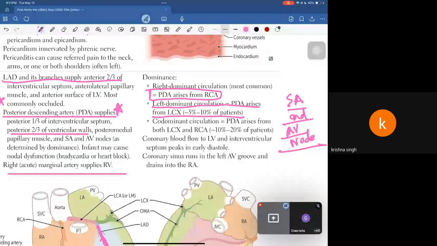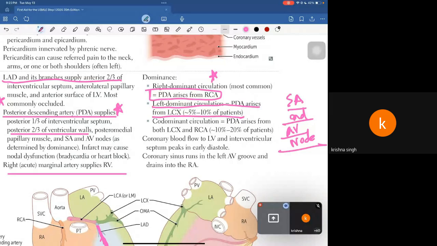Because when there is a problem in the right coronary artery, which supplies the posterior descending artery, the posterior descending artery supplies the AV node. In 70 or 80% of patients, this will happen. So when there is a problem with the right side of the heart, the patient would have bradycardia. Whereas in left dominant circulation, the PDA comes from the left circumflex artery, right? And in some patients, the PDA comes from both, right?